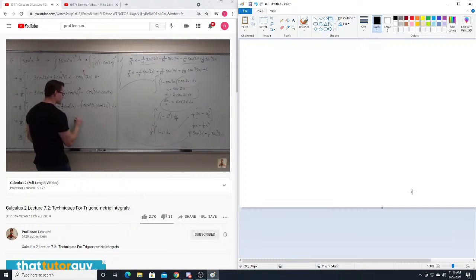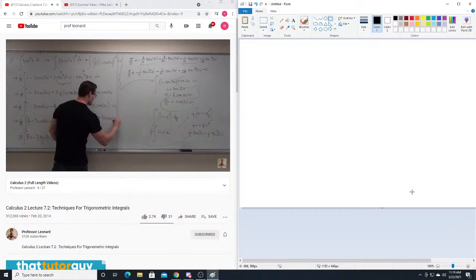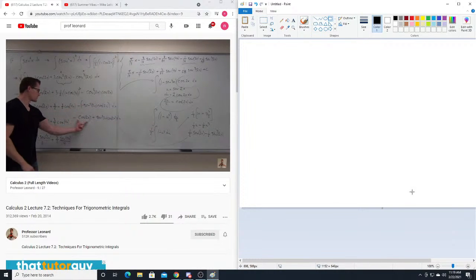You'd have a minus cosine 2x plus sine squared 2x cosine 2x dx. You would distribute this thing. This is what you would combine with this thing. It would be minus 4. So when you look at that, this would become minus 4 cosine 2x.